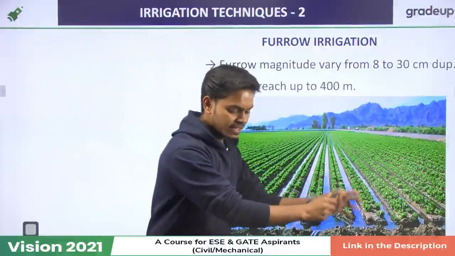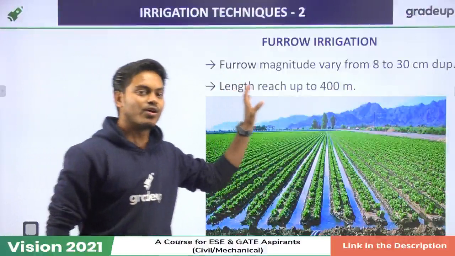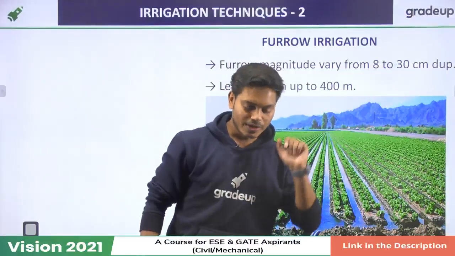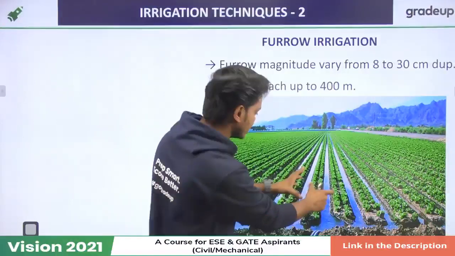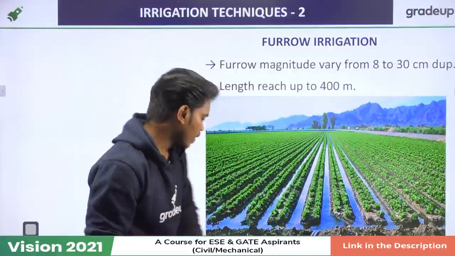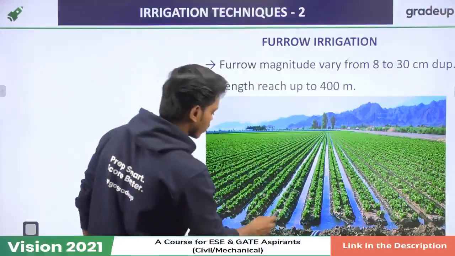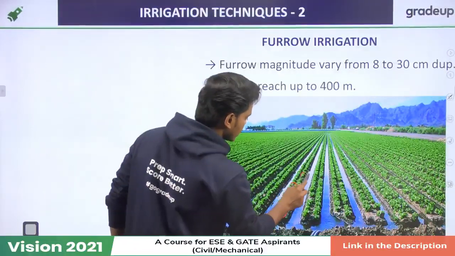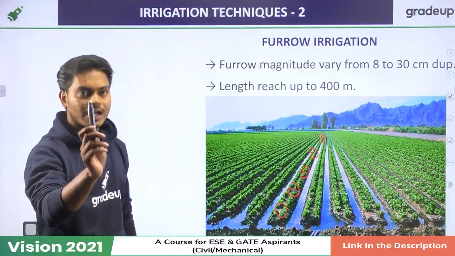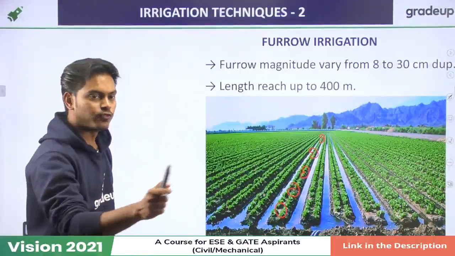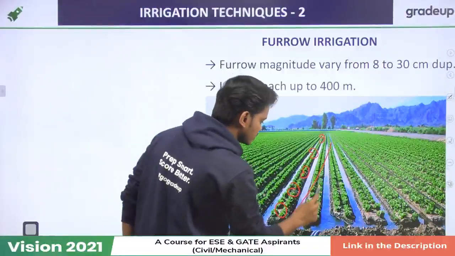So the next technique that we have to discuss is furrow irrigation. What is furrow irrigation? This is how it looks completely. As you can see here, all the crops will be there on the high ridges, and the water is going to flow through these channels.